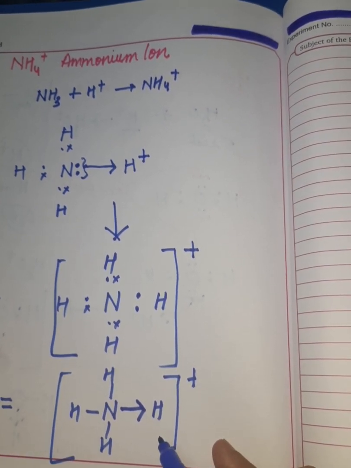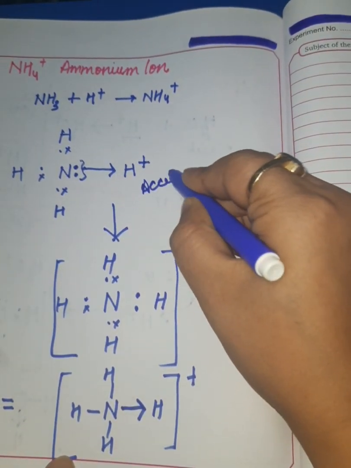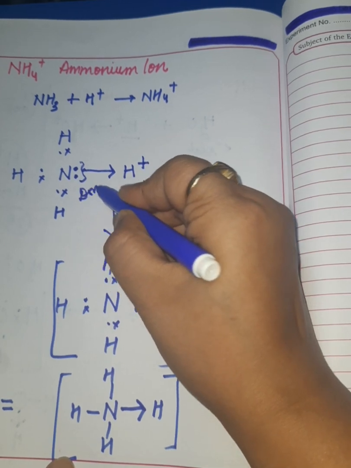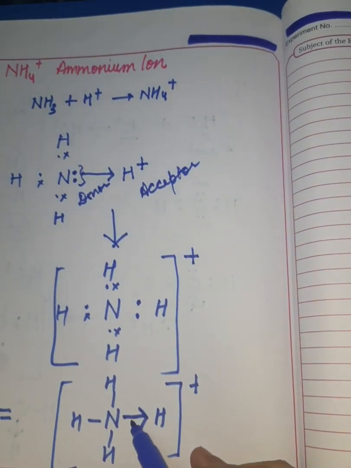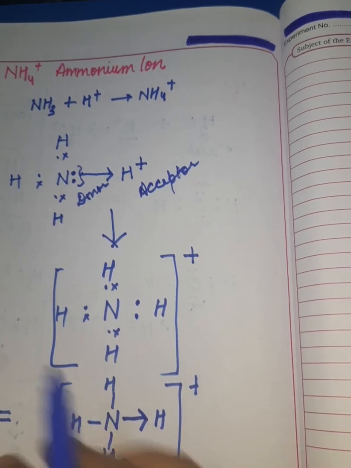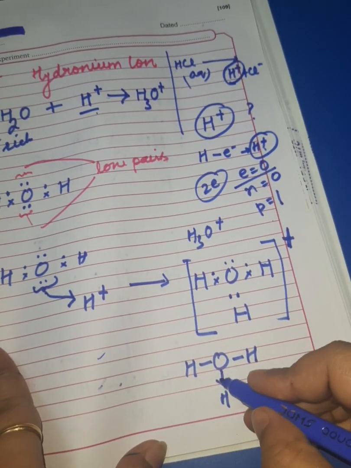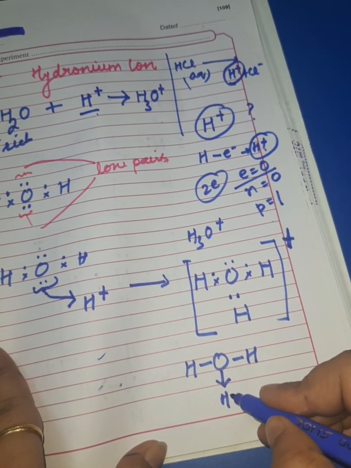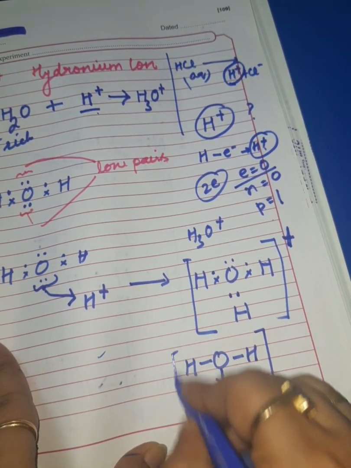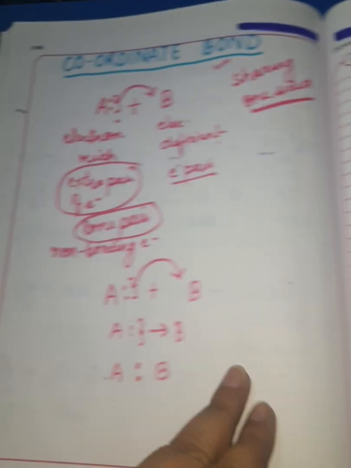Acceptor atom, that is hydrogen. So here, what is hydrogen? This is the acceptor. It is accepting electrons. And nitrogen is the donor. So this arrow starts from the donor and ends at the acceptor. Similarly here, it points towards the acceptor and starts from the donor, with the positive charge over it. I hope this video is understood by you all.